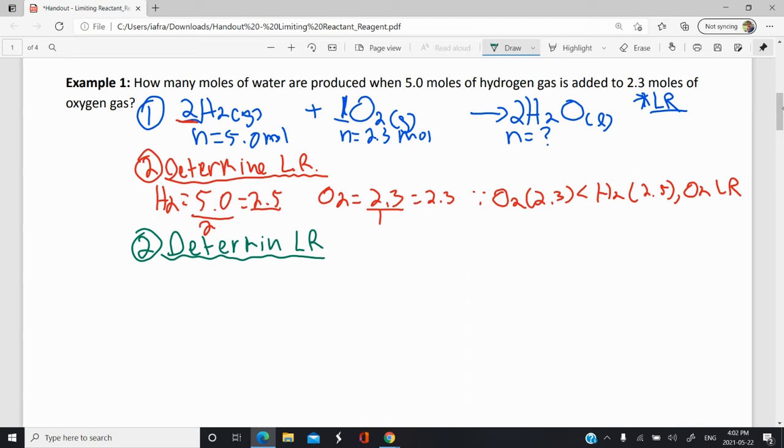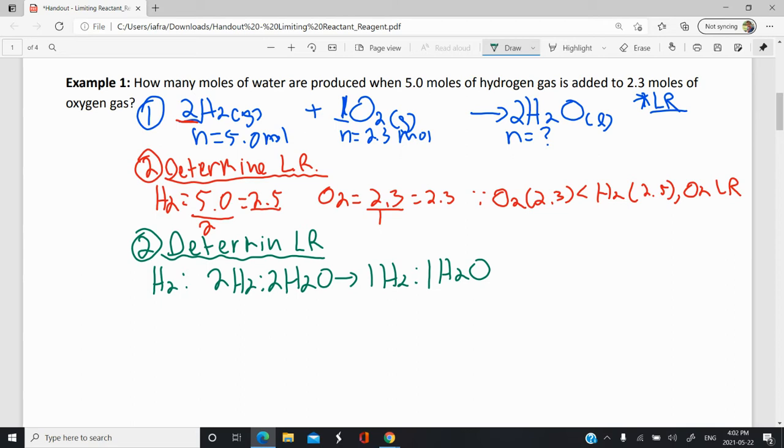First we'll do the comparison between H2 and H2O. For H2, our ratio is a 2 H2 to 2 H2O ratio, and so we could reduce that to 1 H2 for every 1 H2O. So it's a 1-to-1 ratio here. We can use that ratio to figure out how many moles of H2O should be produced with 5 moles of H2.